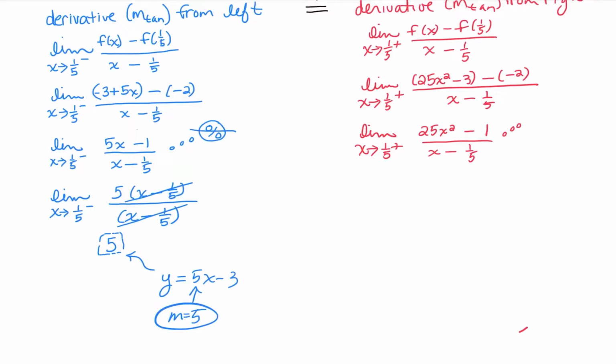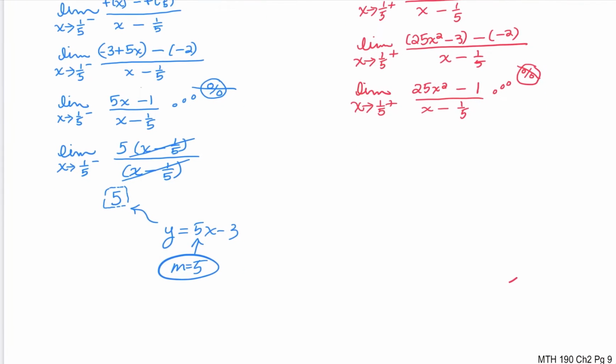Again, if you were to try to do direct substitution, you're getting your 0 over 0. So we're going to need to, again, do some kind of creative factoring on this. And it's mindful factoring of really the fact that you're going to probably want to end up with an x minus 1/5 factor that's going to reduce.